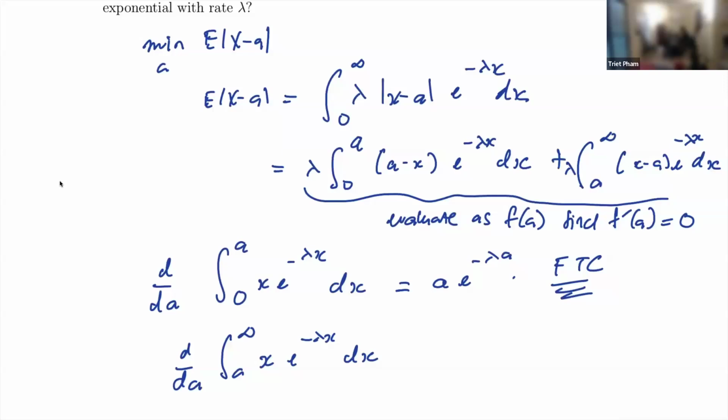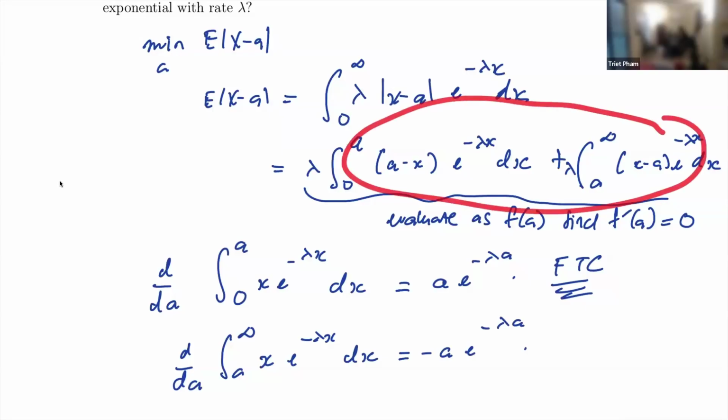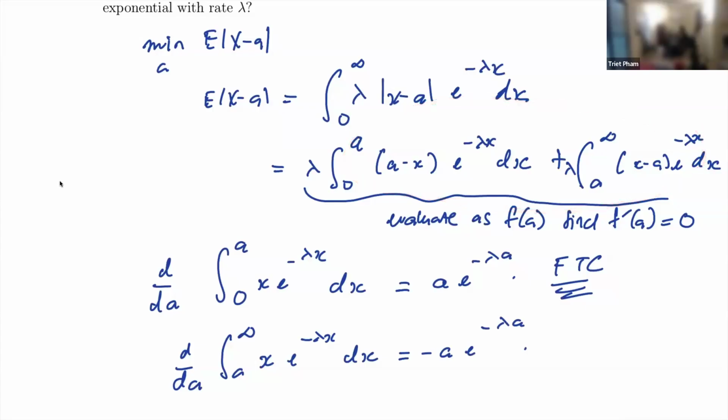It's just minus, also the fundamental theorem of calculus. Well, does that mean that I can just apply the fundamental theorem of calculus and differentiate over here with respect to A, and then just basically plug A in?